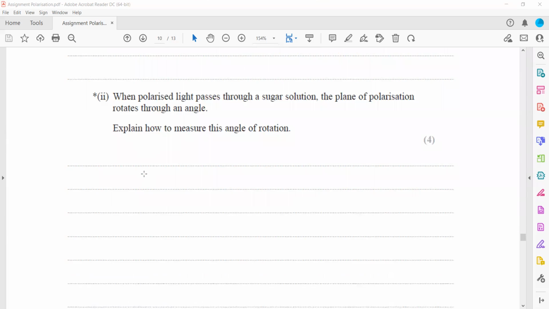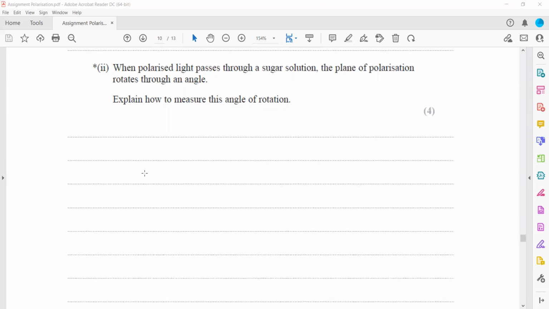Okay, sir. Okay. The next one: when polarized light passes through a sugar solution, the plane of polarization rotates through an angle. How do we measure this angle of rotation? Say we have a container filled with a liquid and we are passing polarized light through it. When it passes through, it rotates the polarized light, because polarized light can be rotated as well.